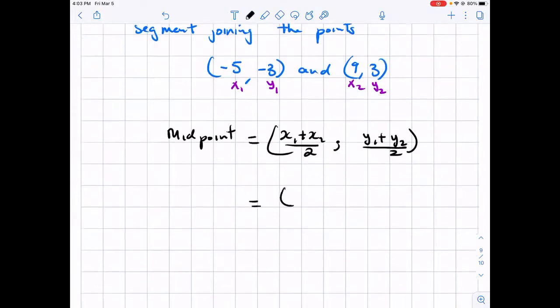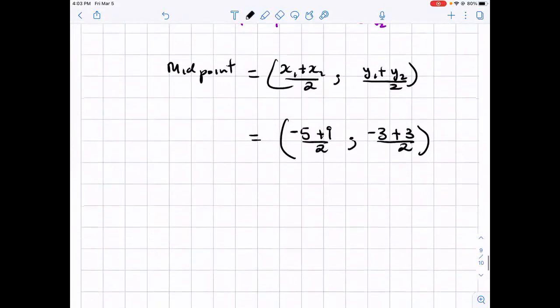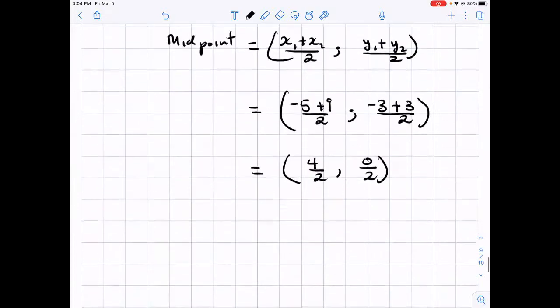So that gives me -5 plus 9 over 2, and the y1 is -3 plus the y2 is 3 over 2. So this becomes -5 plus 9, which is 4, divided by 2, and -3 plus 3 is 0, divided by 2. So the midpoint here is the point 2, comma 0.